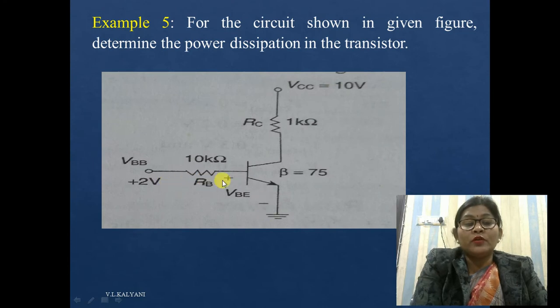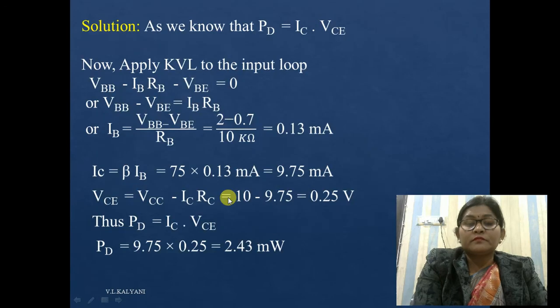So this is your VBB minus the base current IB into RB minus VBE is equal to 0. In this loop you have to apply the KVL.